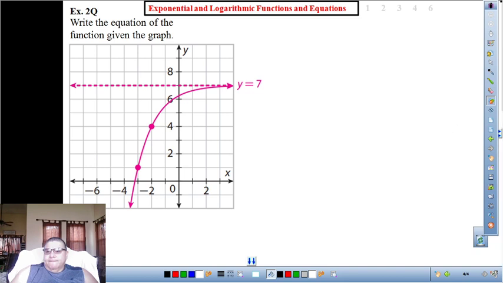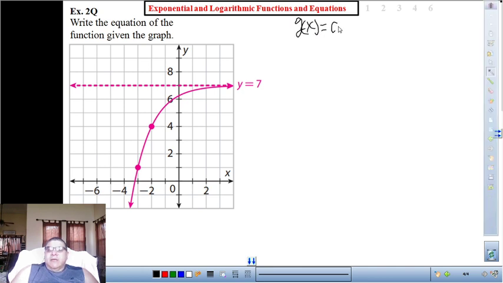So I'm going to write g of x equals a times b to the exponent of x minus h plus k. Which means we need a, we need b, we need h, and we need k.